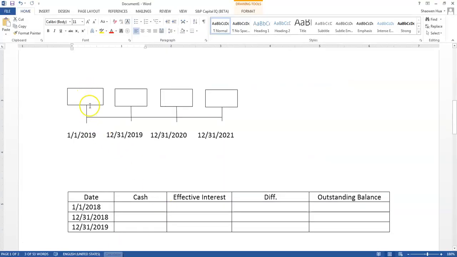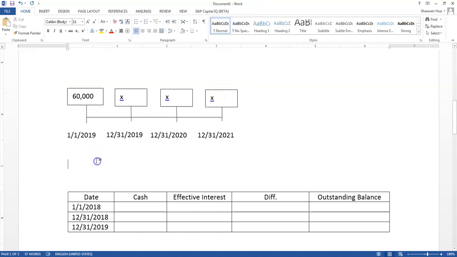So here, the company borrows $60,000 on January 1st, 2019, and needs to determine how much equal payment he should make every year for the coming 3 years in order to repay principal plus interest to the lender. Well, $60,000 represents the amount of money today, so it's the present value of all these future payments. So we can write a formula like this.